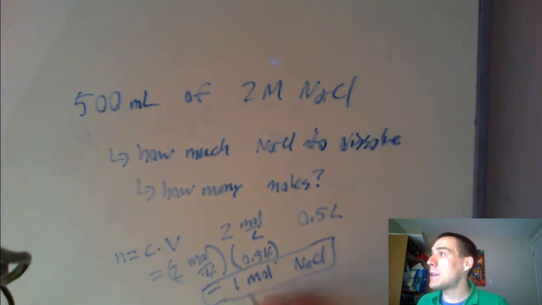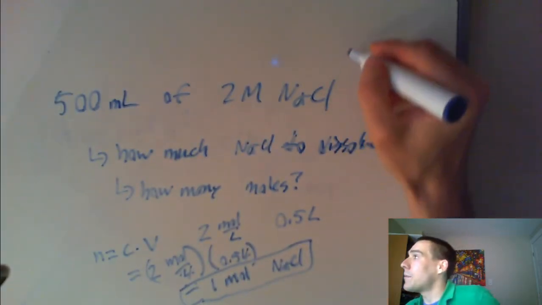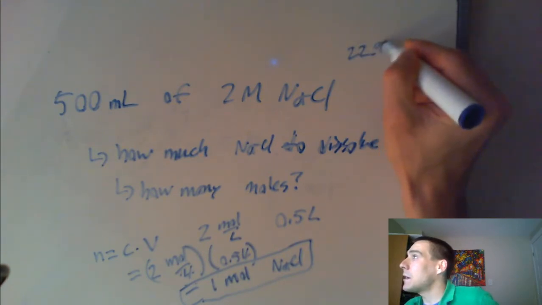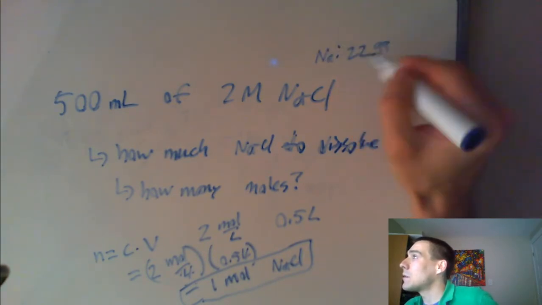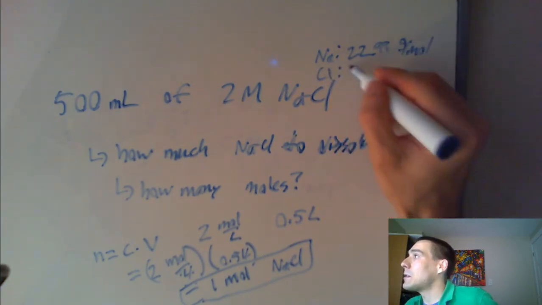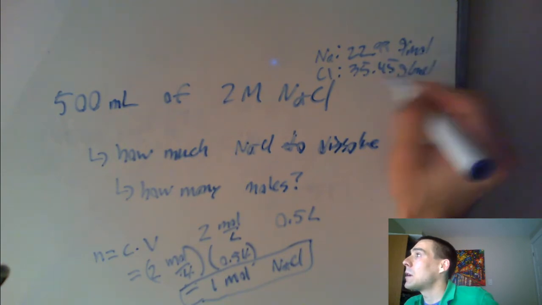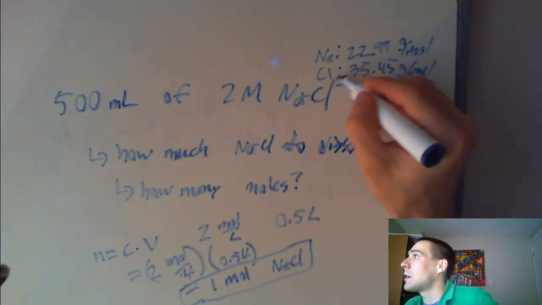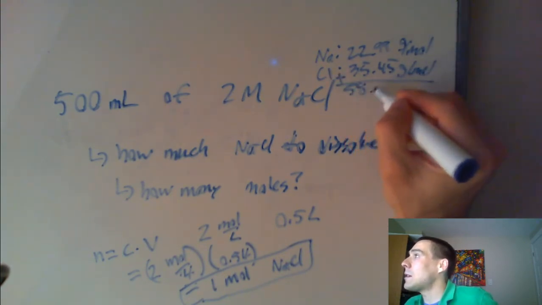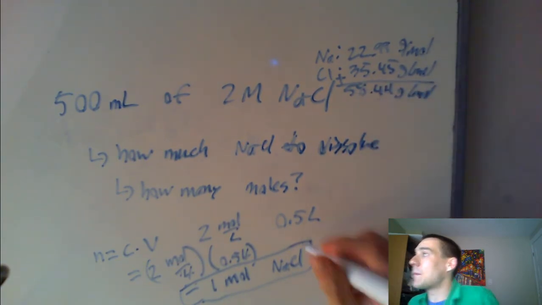To figure out how much that weighs, we're just going to need the molar mass of NaCl. Sodium is 22.99 grams per mole, that's just from my table. Chlorine is 35.45 grams per mole, so my total here is 58.44 grams per mole.